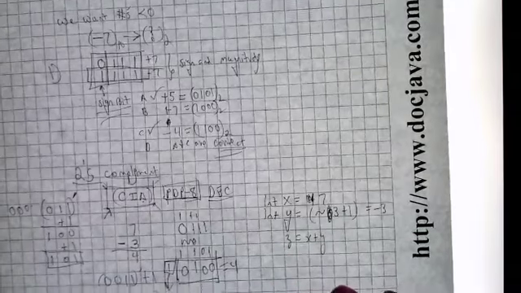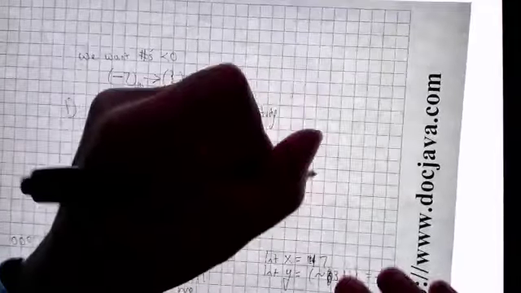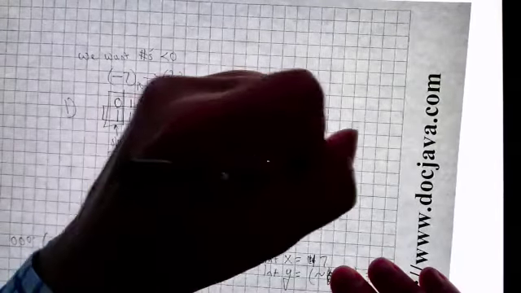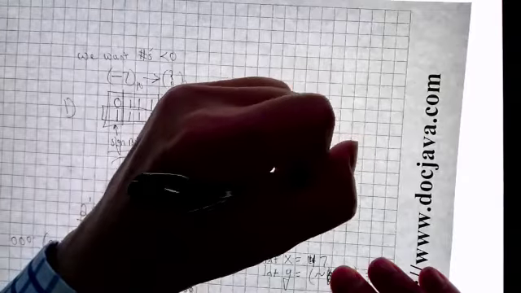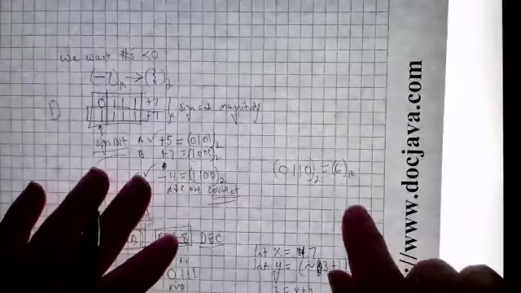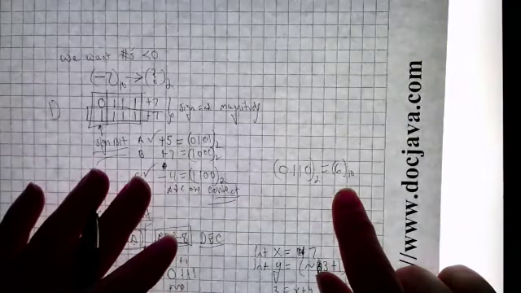So then, how would I find the ones complement? Let's see. 0, 1, 1, 0 is equal to 6 base 10. Right? How do I find -6?